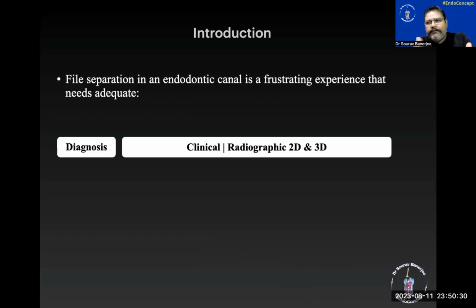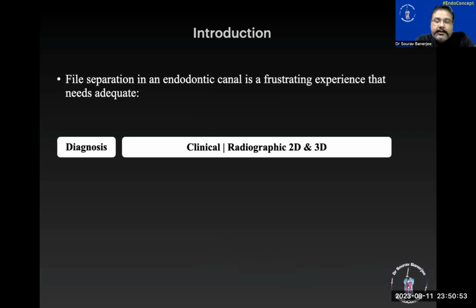So here, whenever a file fractures, the first thing that we should do is the clinical examination. At what stage of canal preparation did the file separate? What was the size of the file, what was the length of the file, at what depth did the file separate, and in which canal?